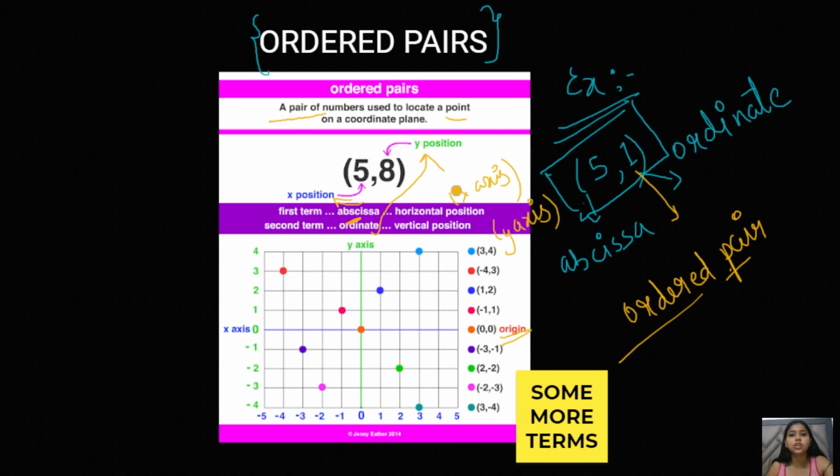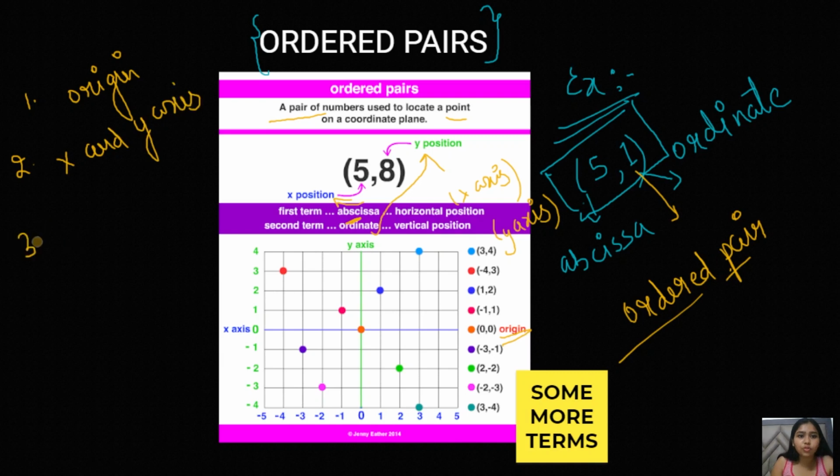Let's make a list of this. What you have to know is, first, what is the origin. Second, you must know about the x and y axis. Third, you must know what is a quadrant, right? Fourth, you must know about the signs, where it can be positive and where it can be negative.